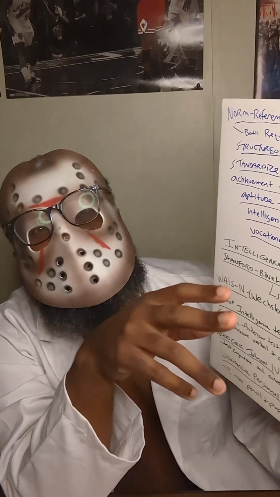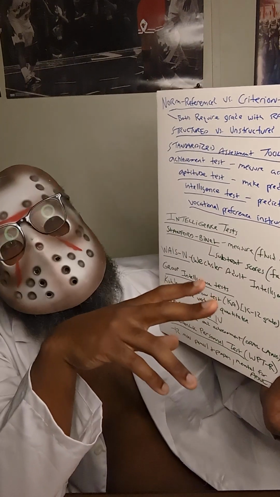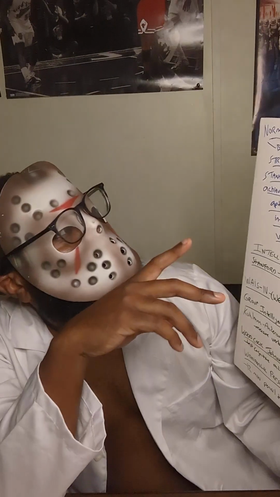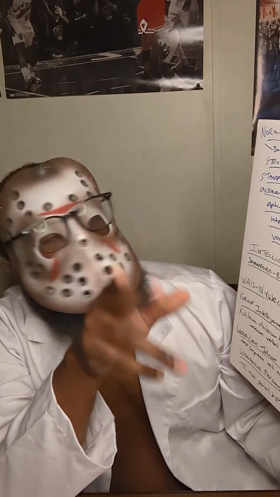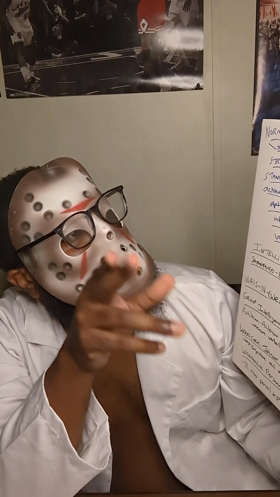First, we have norm-reference versus criterion-reference tests. Both of these tests require grading with a raw score. Then we compare them with the group score. So structured versus unstructured tests: range or degree of structure applied.